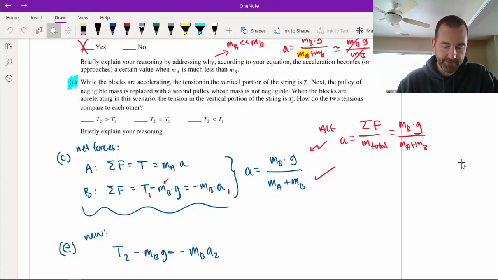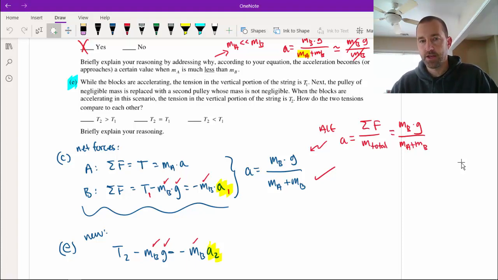The mass mb is the same, g is the same. So it comes down to, are the accelerations of the systems the same? And if they are, then the tensions are the same. Then there's no difference from T1 to T2. But if the accelerations are different, then we're going to have a different amount of tension in the rope.